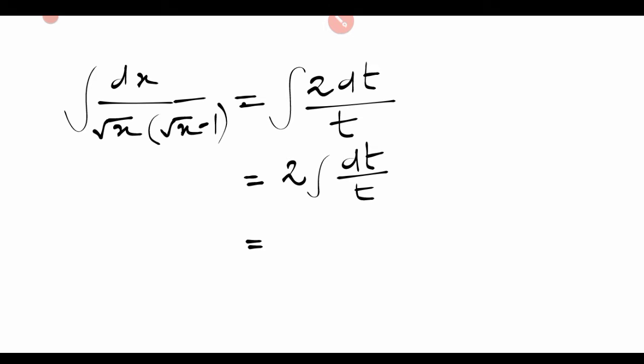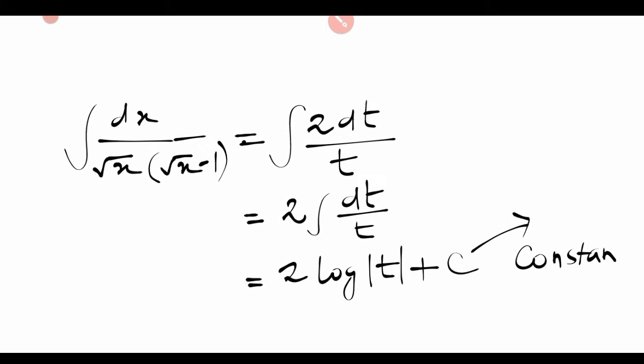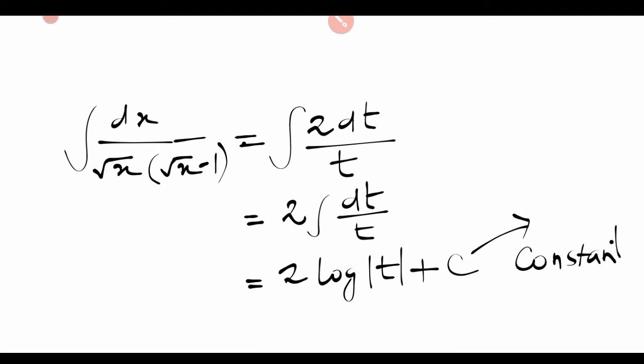Then now integrating, we have 2 into log mod t plus c, where c is the constant of integration, right?